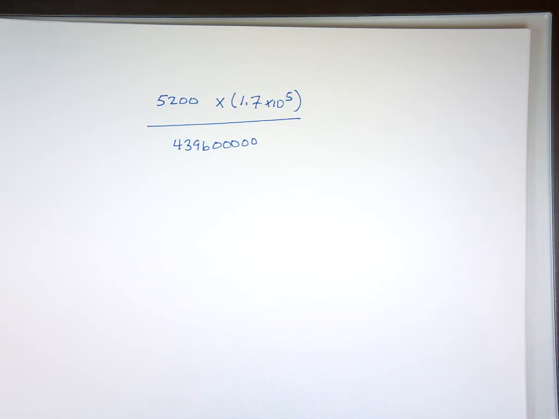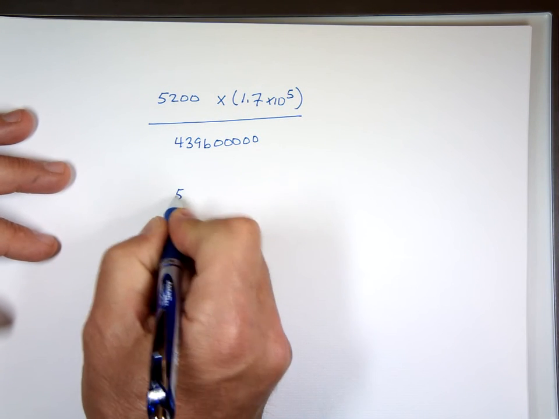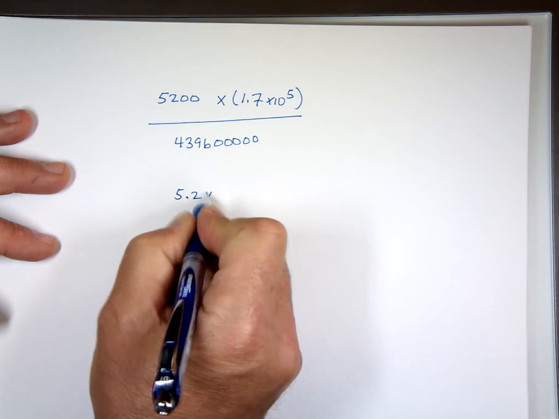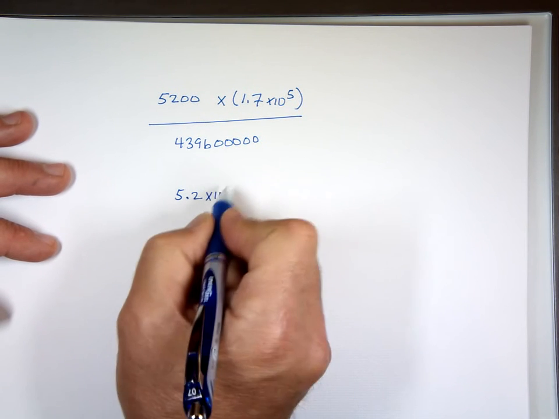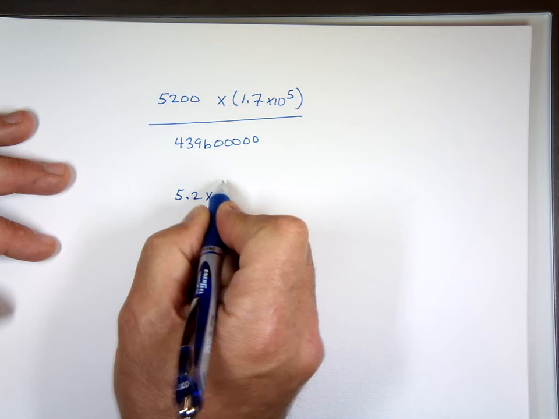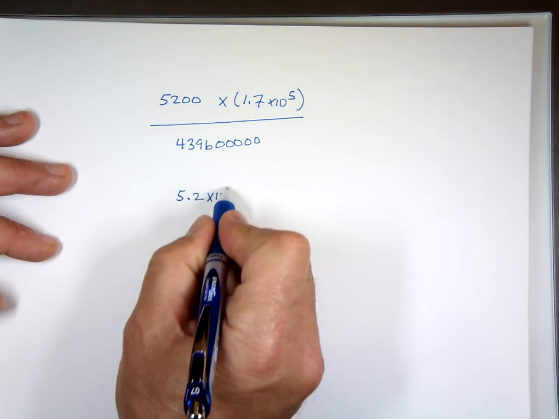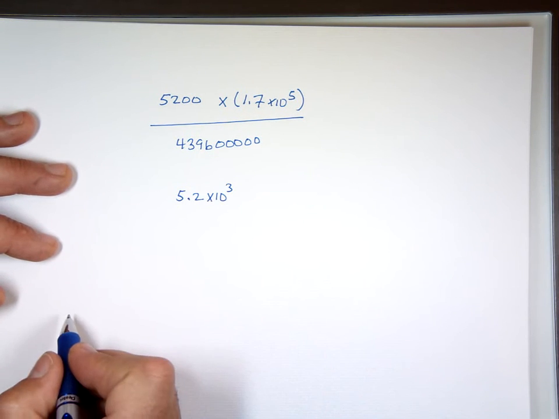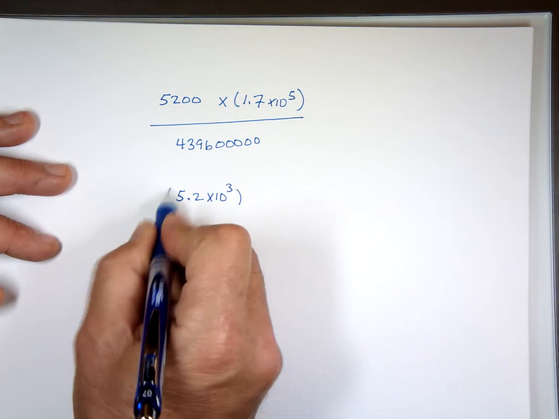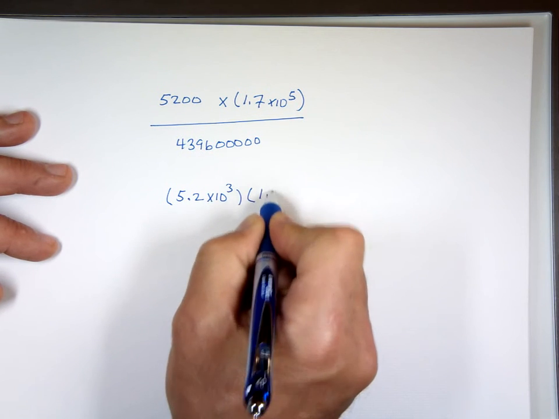I can change everything to scientific notation. The 5,200, I can write that as what? 5.2 times 10 to what power? What is it? Third. Times 1.7 times 10 to the 5th.